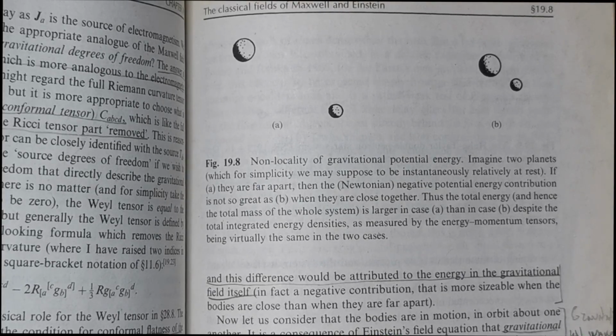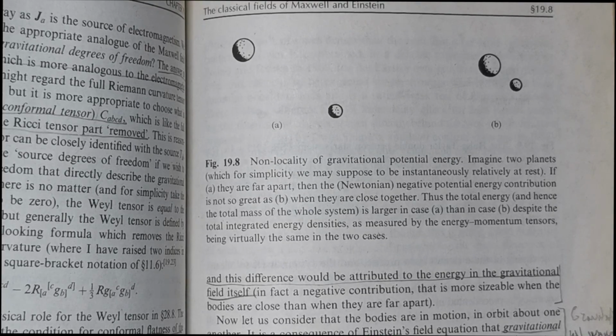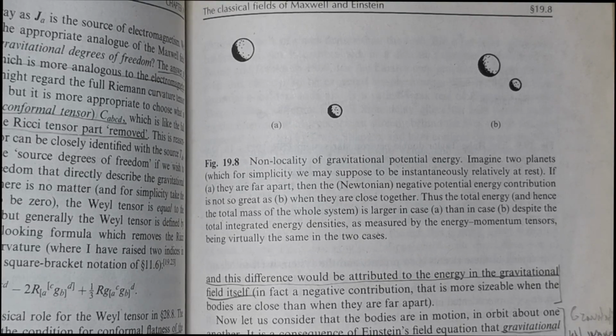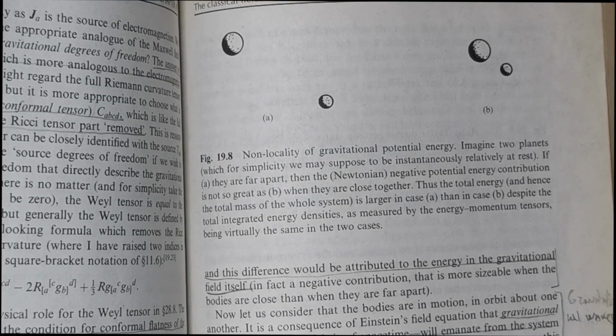Interesting. Do you understand why the total mass is larger in case A? Because I'm not sure why. Well, I think it's just because the potential energy is negative. Yeah.